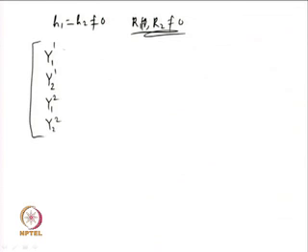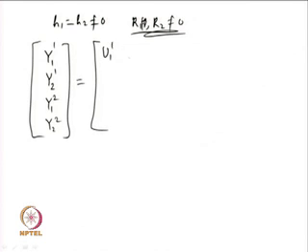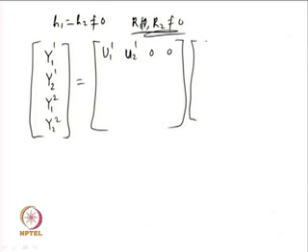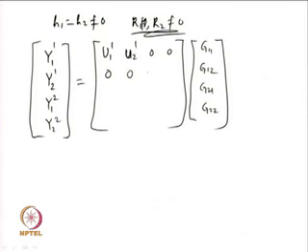When you put that in matrix form, what do you get? Basically, these are nothing but your measurements U11, U21, 0, 0 with G11, G12, G21, G22, and let me complete this: 0, 0, and you will have U11, U21.